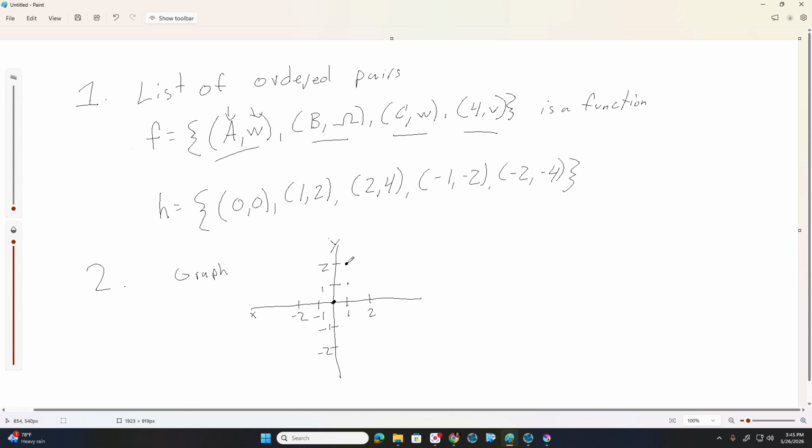There's 1, 2. I'll be honest, I'm just kind of playing around with it now. 2, 4. Where is 4? Maybe it's right there. Negative 1, negative 2. Negative 2, negative 4, maybe down here.